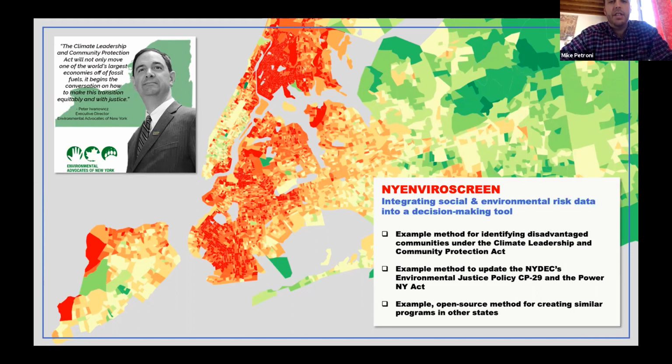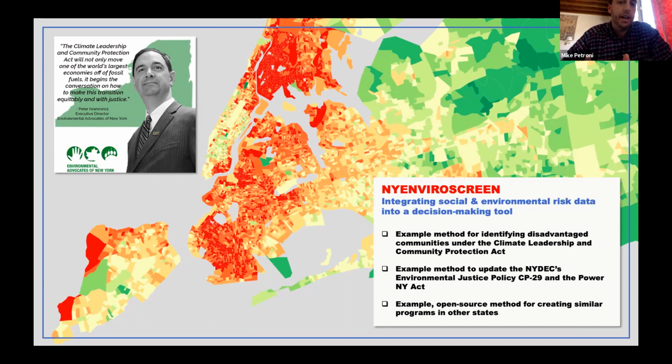The main question is, how do we identify which community is disadvantaged versus which community is not. So New York Enviro Screen pulls together all this data to try to answer that question in an open source and accessible, data-driven manner.